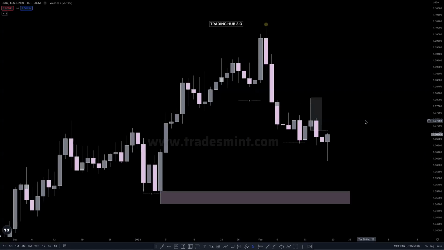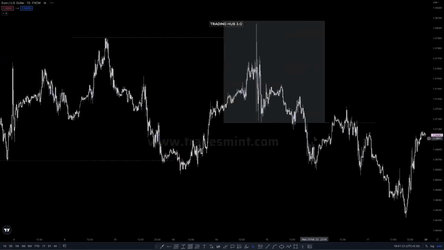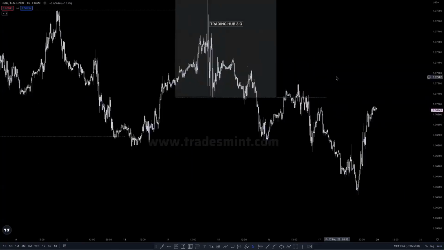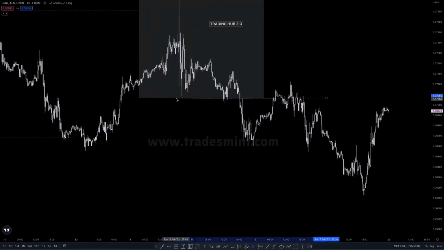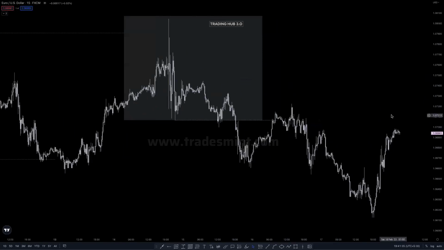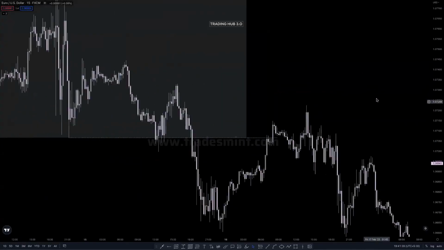Now let's switch to the 15-minute time frame to see exactly what is happening. This was our previous day single candle order block, which mitigated here at this point. And this one is our 15-minute.